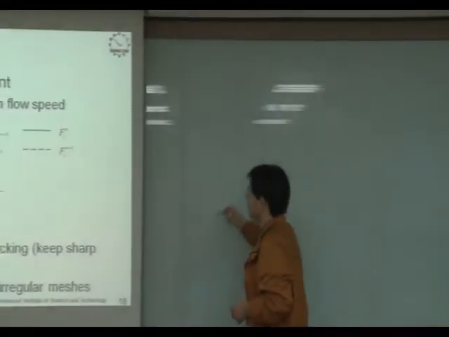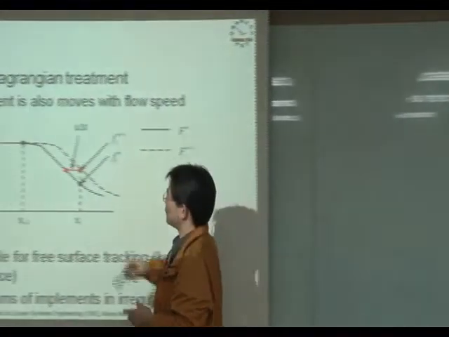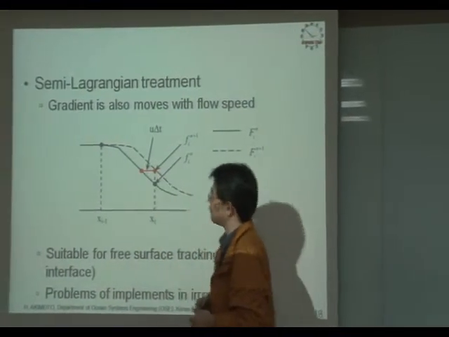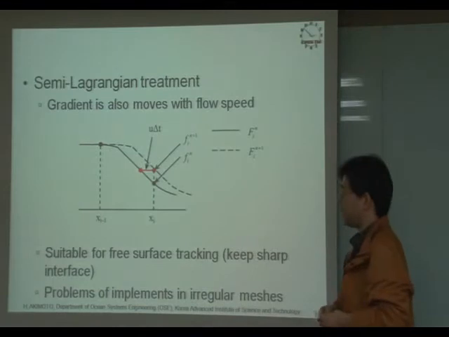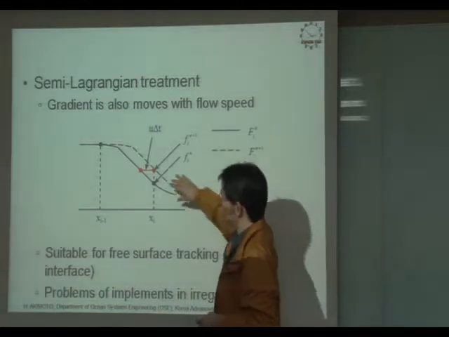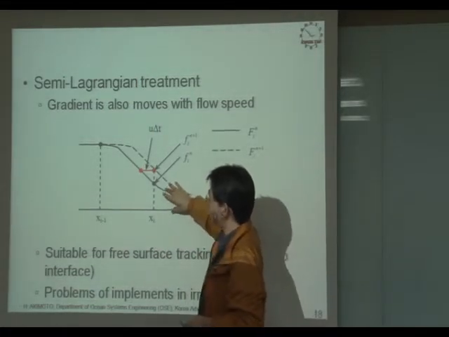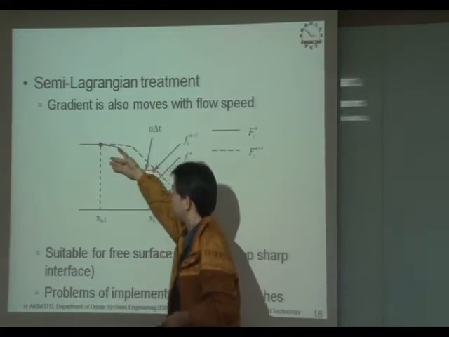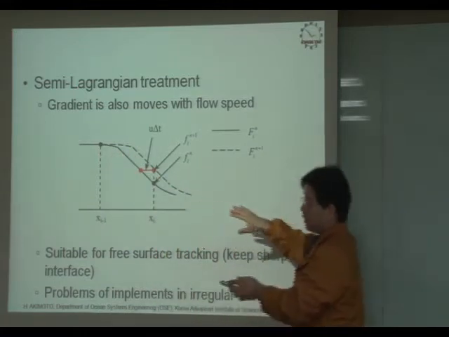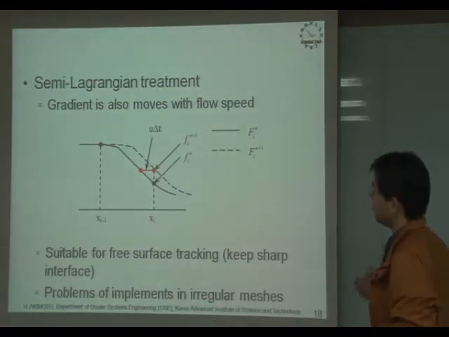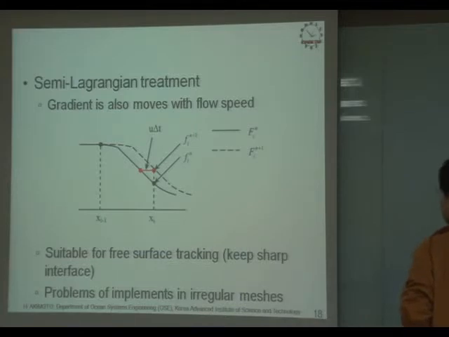In the CIP method, we can assume this profile is a marker density profile, or VOF function, or level set function. This treatment assures the preservation of this shape in the convection treatment.